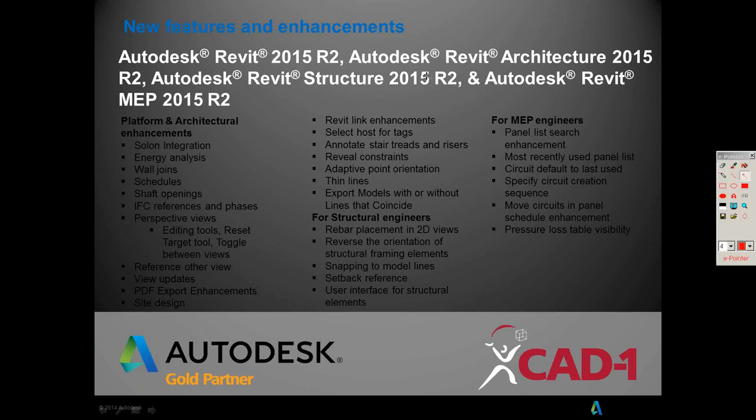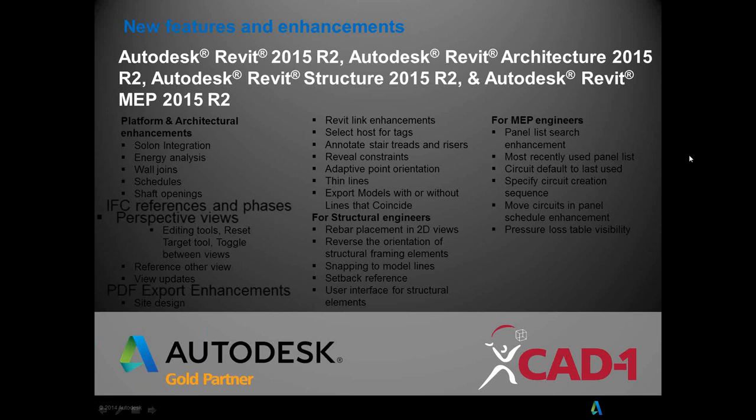Okay, so under MEP there's a number of things for electrical, specifically working for electrical panels and circuiting, as well as a little bit with the ASHRAE table. And I think some of the best stuff might even be the platform enhancements. So in MEP, the main things, there's electrical circuiting enhancement.